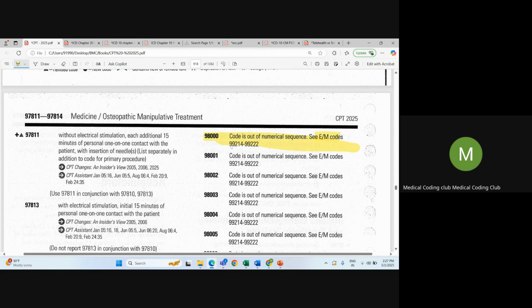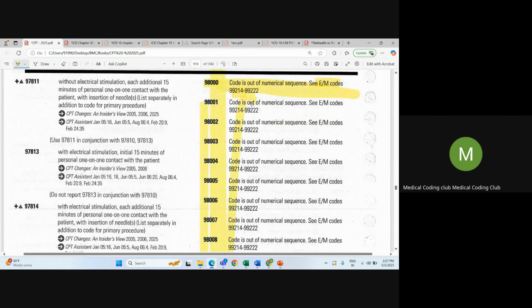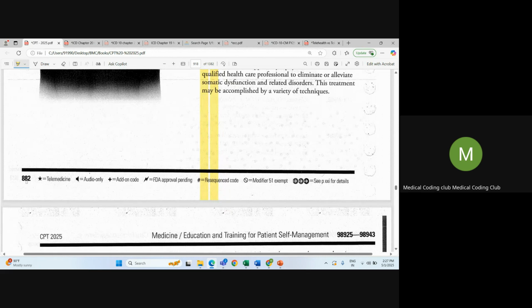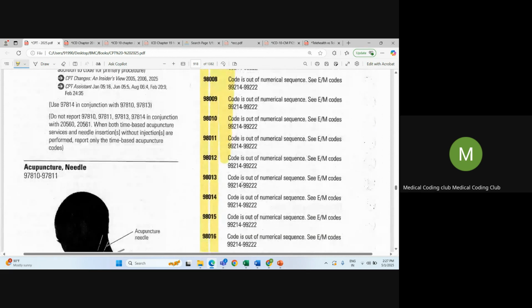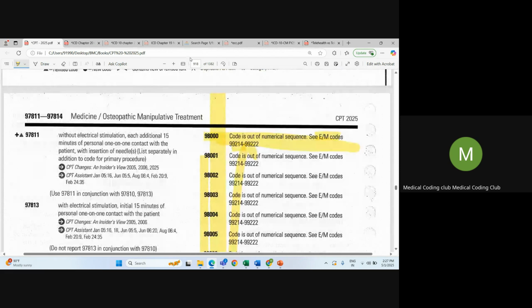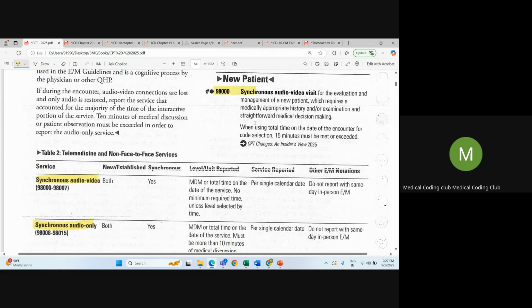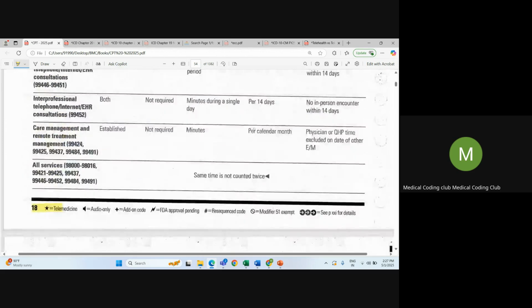See E/M codes between 99214 to 99222. So all of these codes shifted from the medicine section, from page number 882, and it came to the E/M section. Okay, so under E/M you are able to see all the new telemedicine codes.